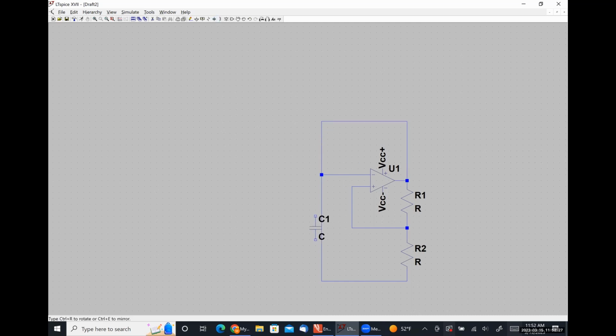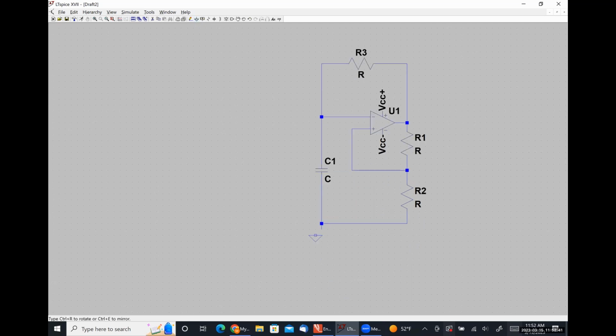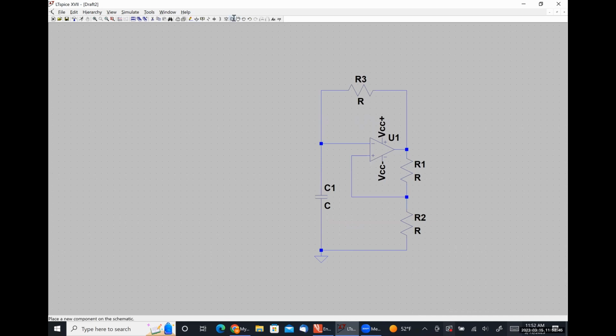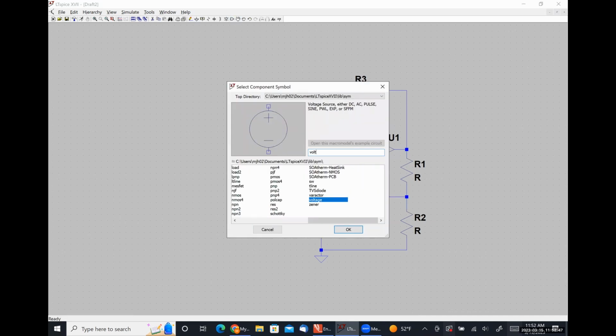Throw a capacitor in here. Throw a resistor up here. Put my ground node down here. And I need to set up my power supplies.